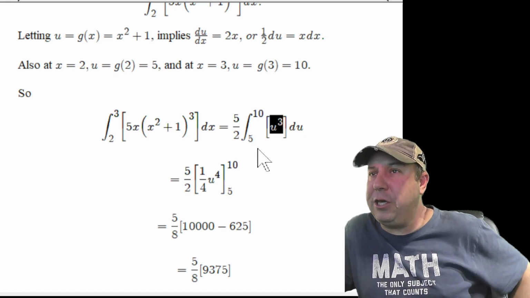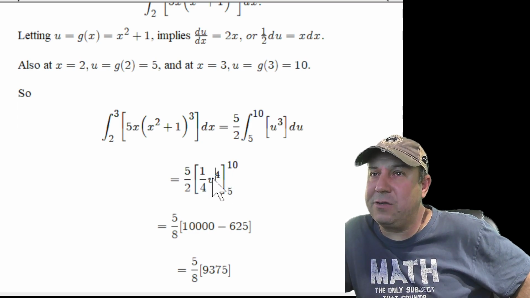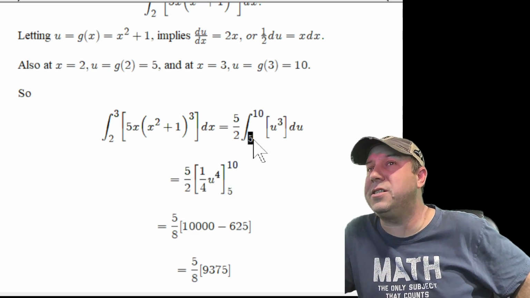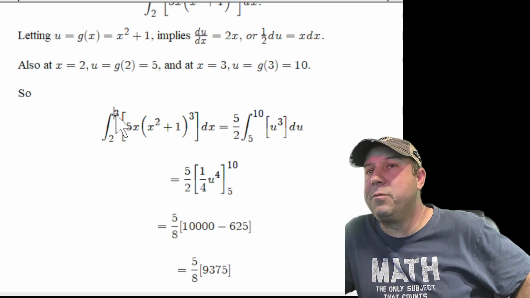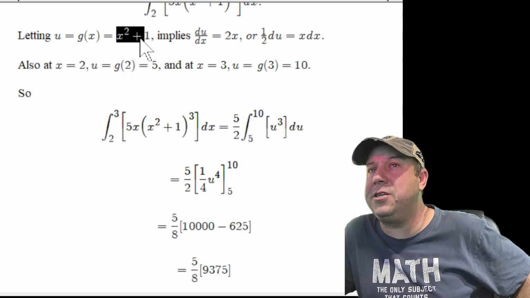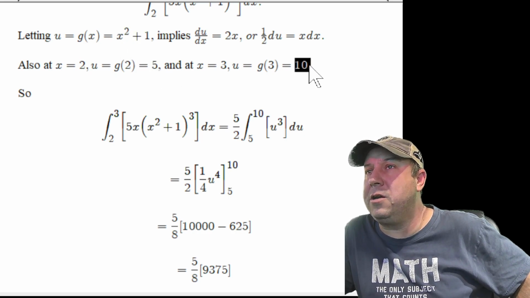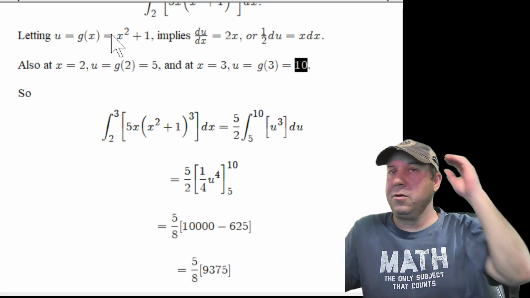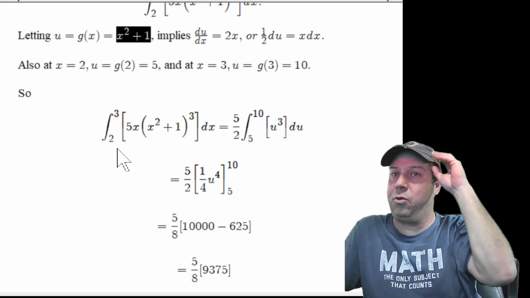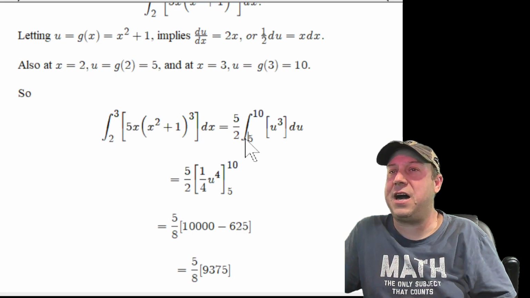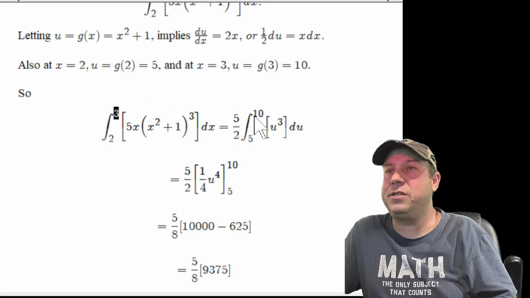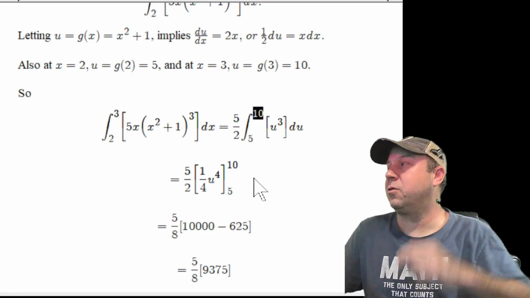Now u cubed's antiderivative is 1/4, and then our adjusted boundaries from 2 to 3, substituting 2 and 3 into this statement for g, produce new lower and upper boundaries at 5 and 10. Those are our values of x squared plus 1. 2 squared plus 1 is 5. 3 squared plus 1 is 10. So those are our new bounds.